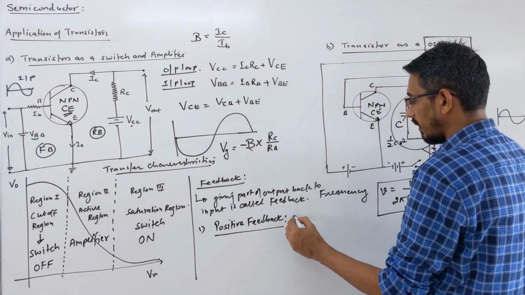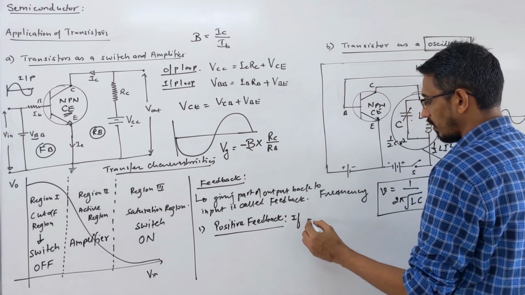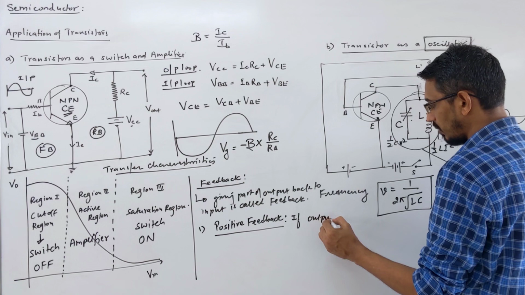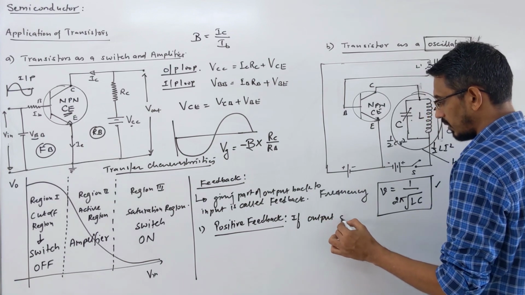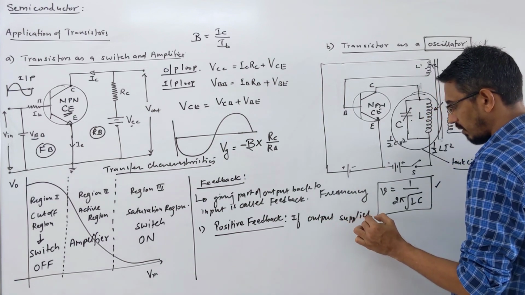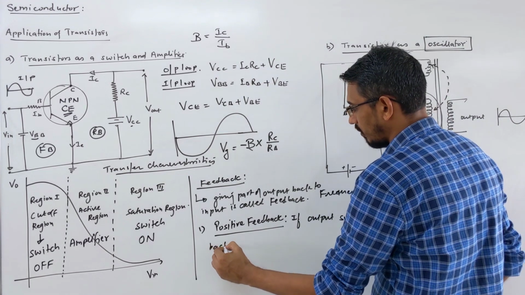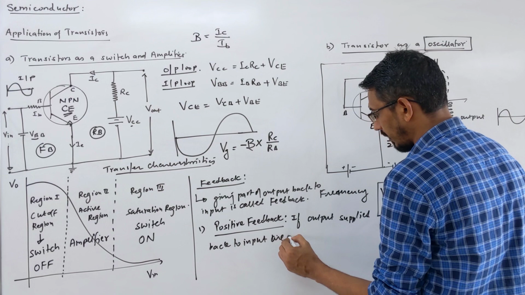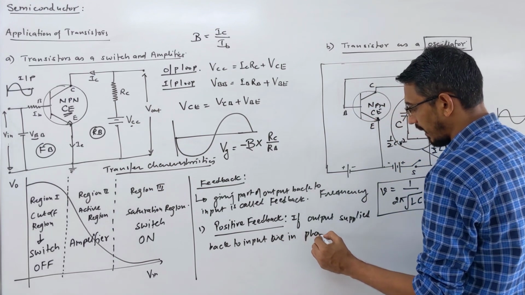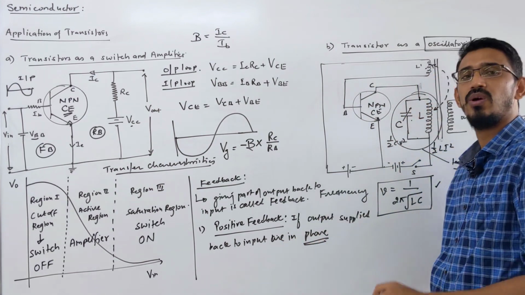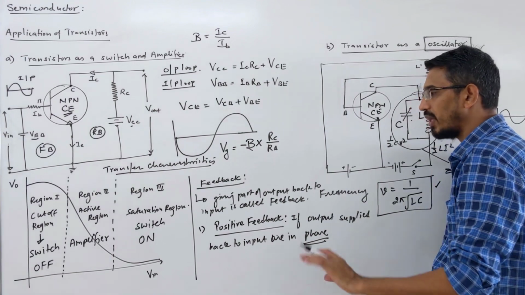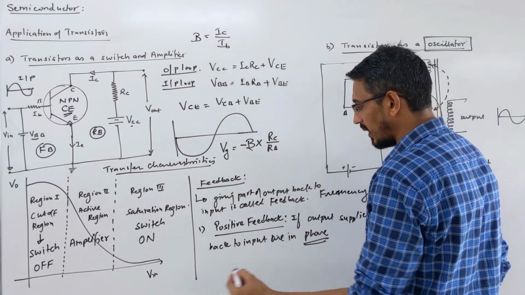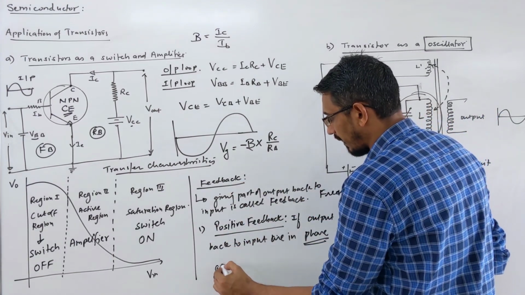So how do I define it? If the output supplied back to input are in phase, if they are in the same phase, then this is called positive feedback. When you supply positive feedback, what happens to the gain? We write gain after feedback.